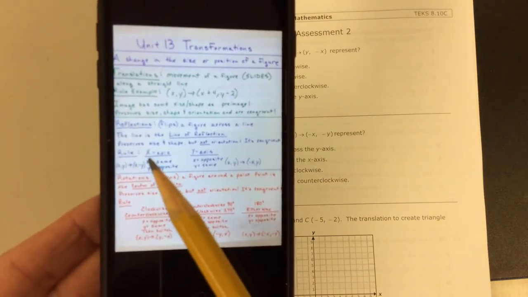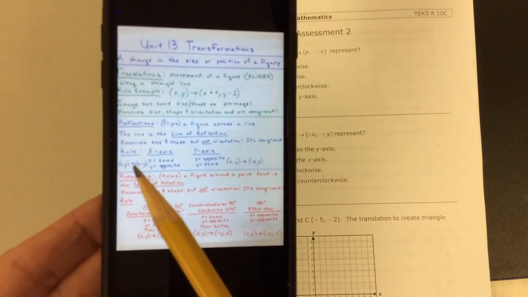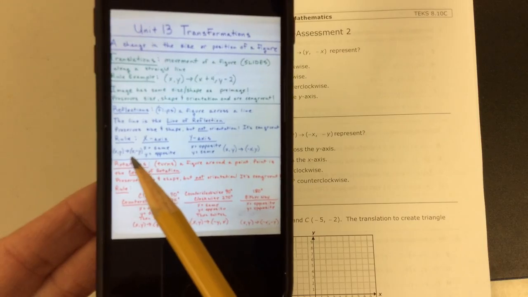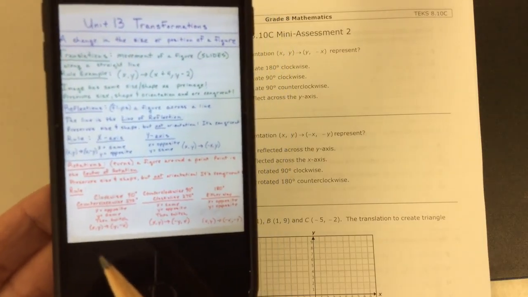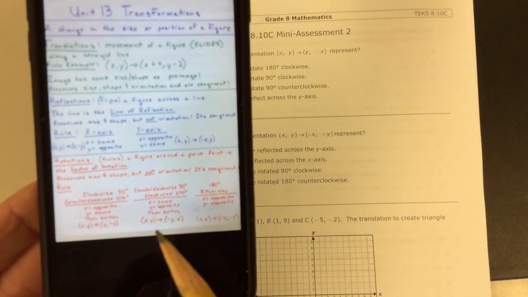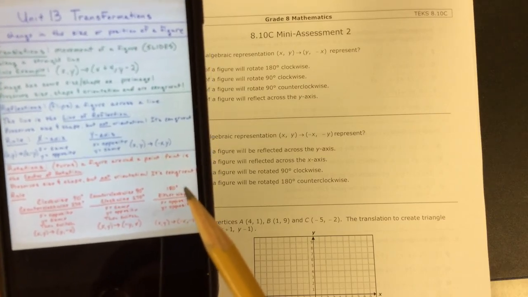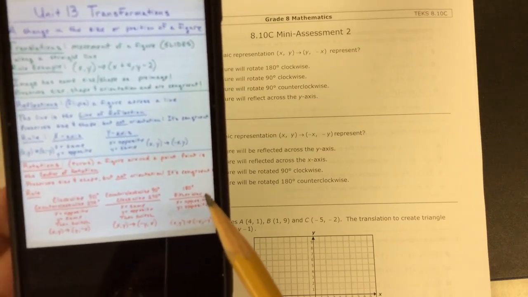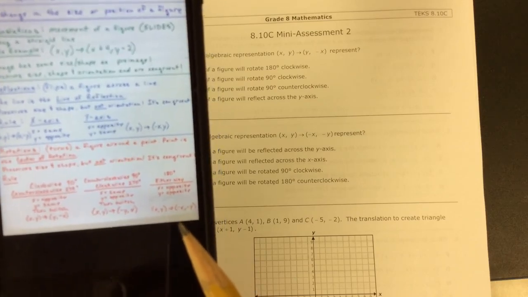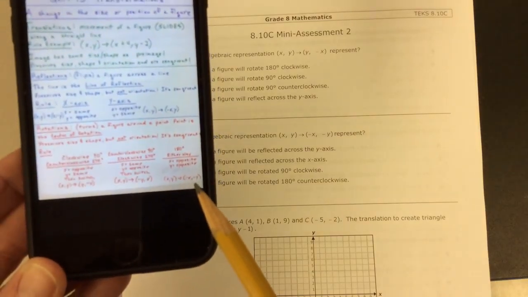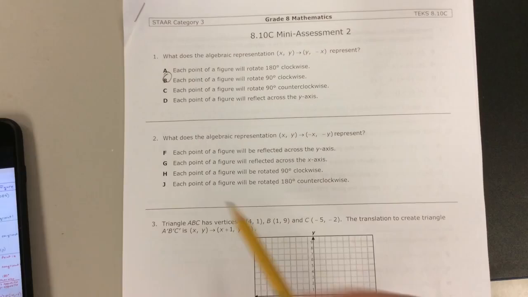Then they have across the x-axis, and that is not it either. They both need to be negative. I know the one that's both negative. It's down here, and it's a rotation of 180 degrees. Doesn't matter if it's clockwise or counterclockwise. That gives you a negative x and a negative y.